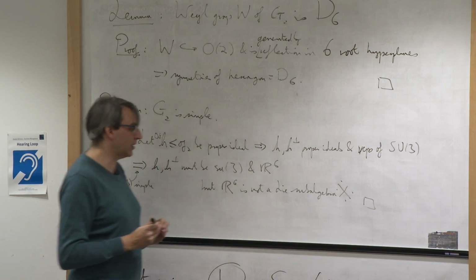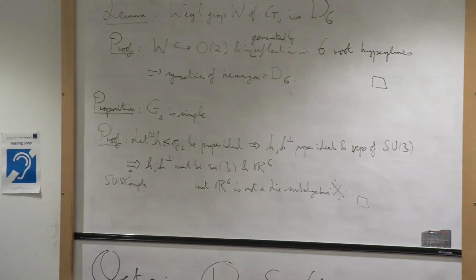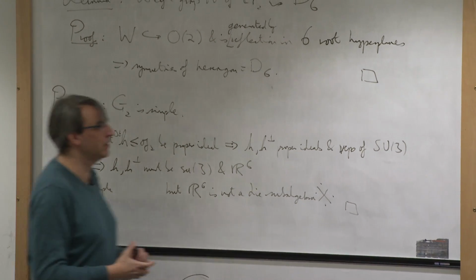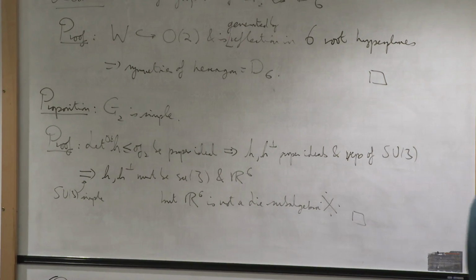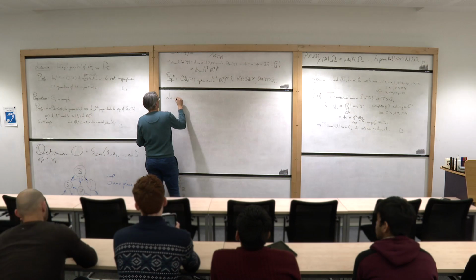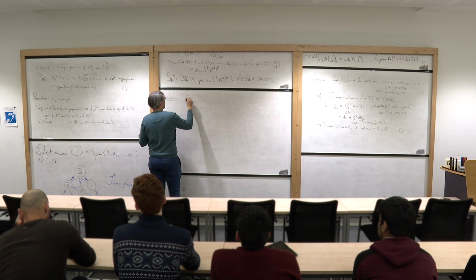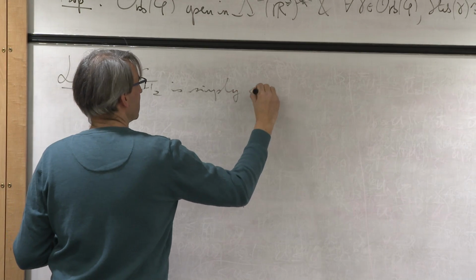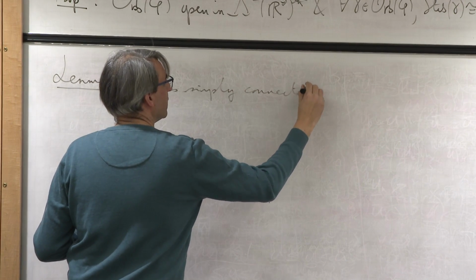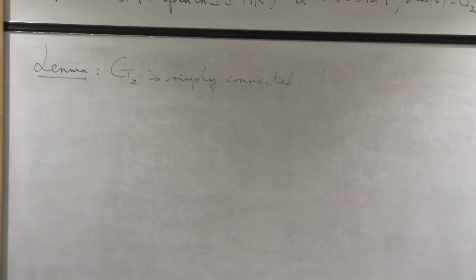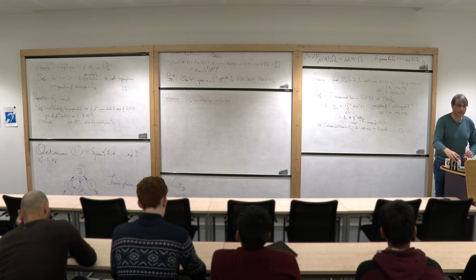You can show that this R6 is not a Lie subalgebra, so it definitely can't be an ideal. So it has to be everything. So G2 is simple. And then the last thing, well, second to last thing, again, I'm going to cheat. And I'm going to say that it's true that G2 is simply connected. So it deserves to be on the list that I gave last time. All right.